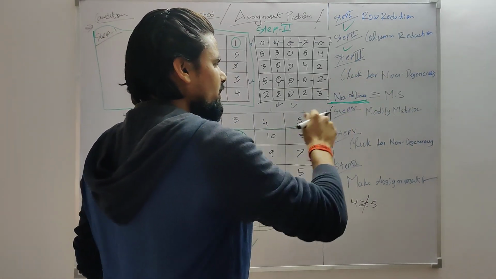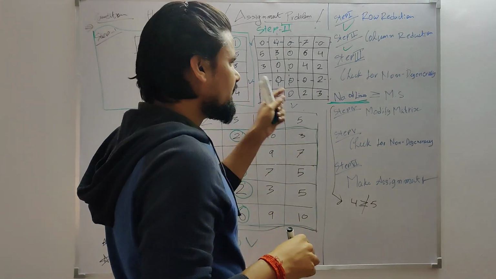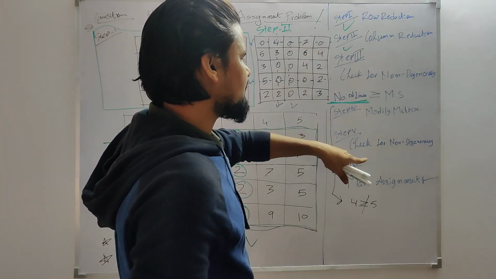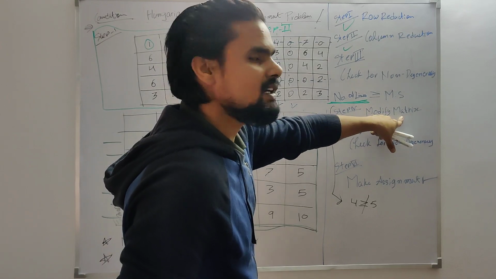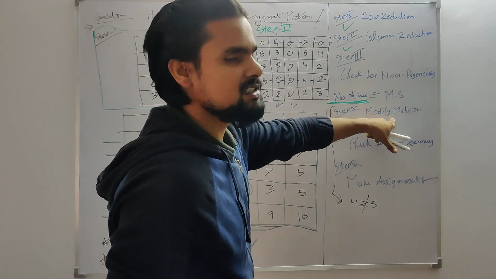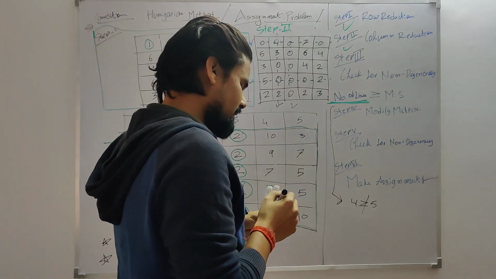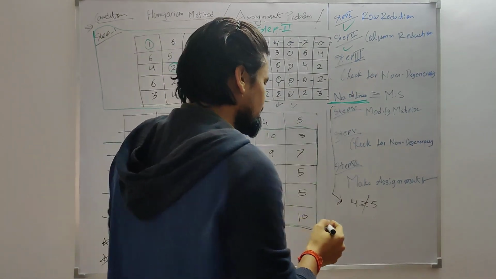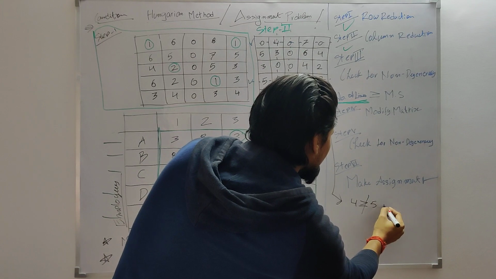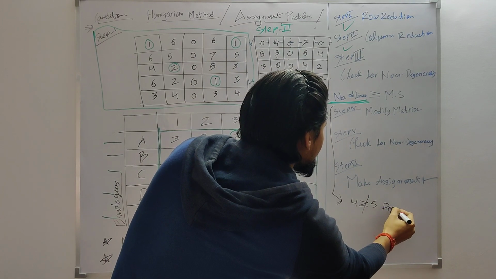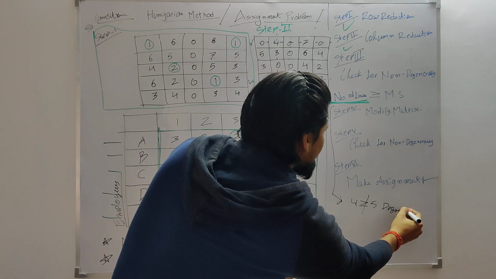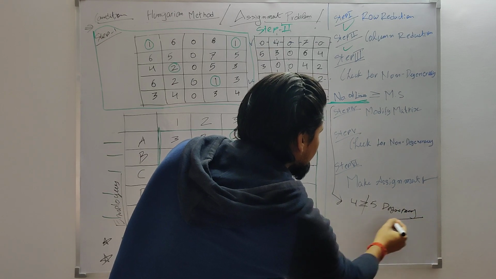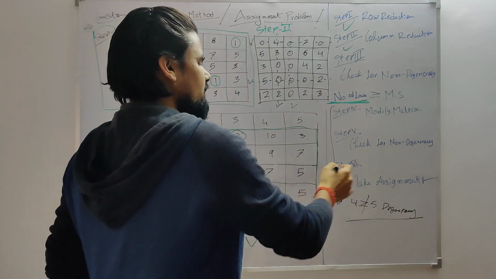So again we have to perform a separate step, which is to modify the matrix. We will modify the matrix again to make this non-degeneration. Over here I will write this. This is degeneration, but we don't want this.